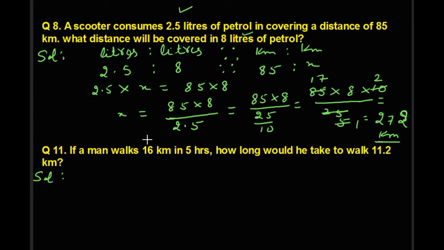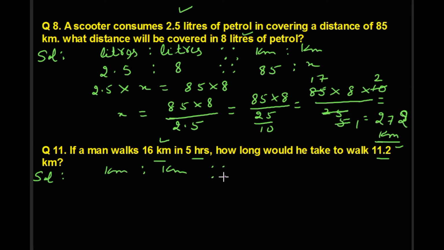Again, see: more hours, more kilometers; less hours, less kilometers. Our answer would be in less. So here, kilometers are two terms that are the same, so we will put them here.